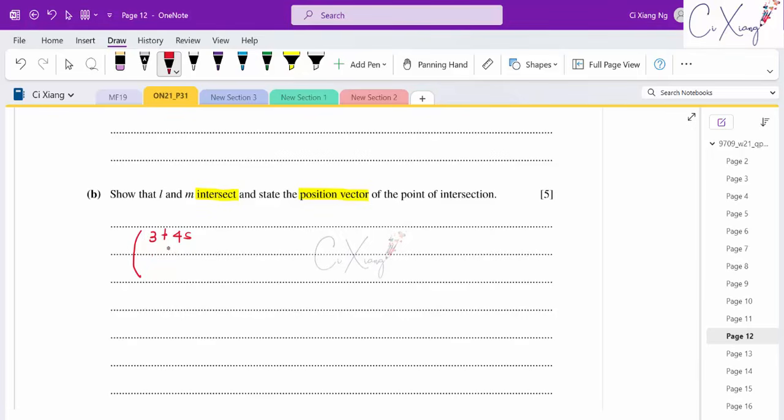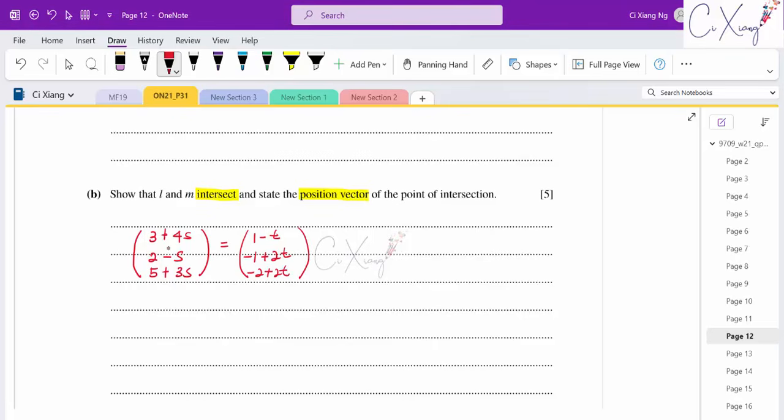And then for the y component, it will be 2 minus s. And then for the z component will be 5 plus 3s. It is equal to, okay, then the vector equation for the line M. I'm having 1 minus t, then negative 1 plus 2t, and also negative 2 plus 2t as well.